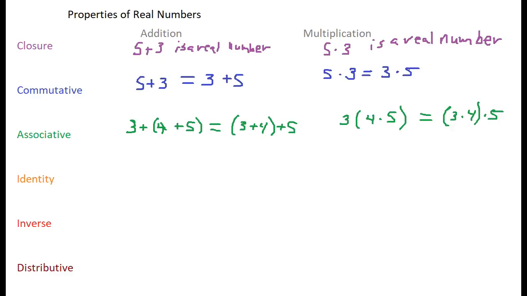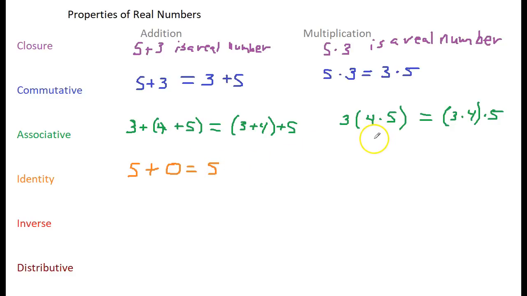Our next property is identity. For the identity property, for addition, we have what's called our identity element, which is 0. What does that mean? It means that any number plus 0 is itself. So, let's just say 5 plus the identity element 0 gives you 5.